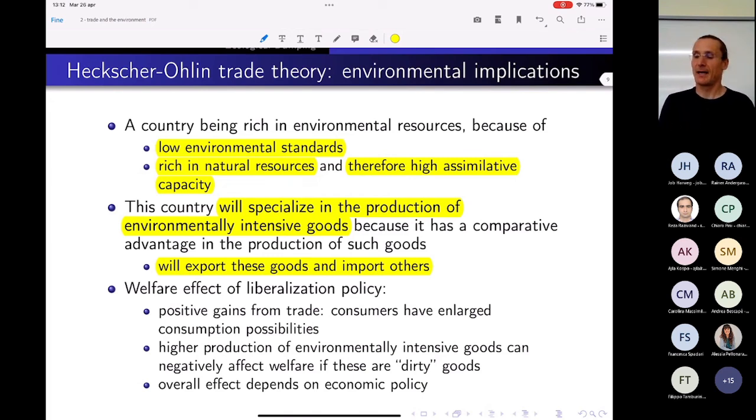In this case, environmental resources are determined by environmental regulation, because it depends on how strict these regulations are. By strengthening environmental regulation, you reduce the endowments of environmental resources, and other countries get a comparative advantage, and accordingly you should import from them. So production should go abroad. This is a prediction of the model.